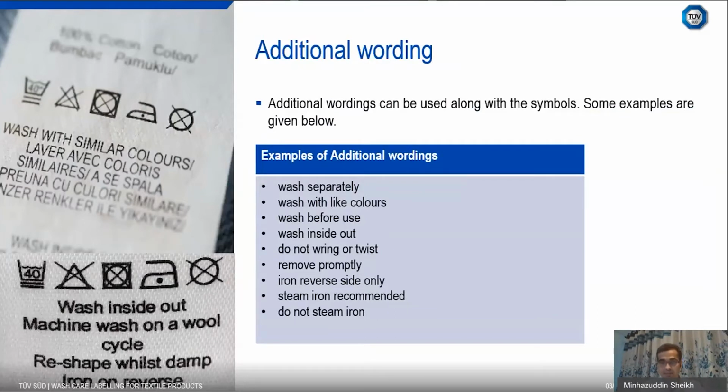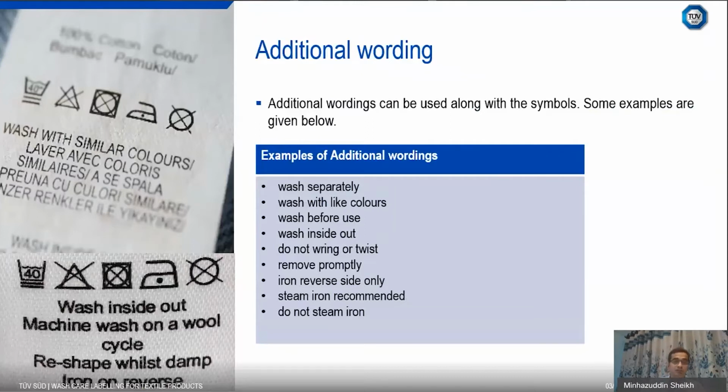Cross staining could happen. So in that case, the wash separately instruction should be indicated on the care label. Or wash with light colors means wash all similar colored products together.